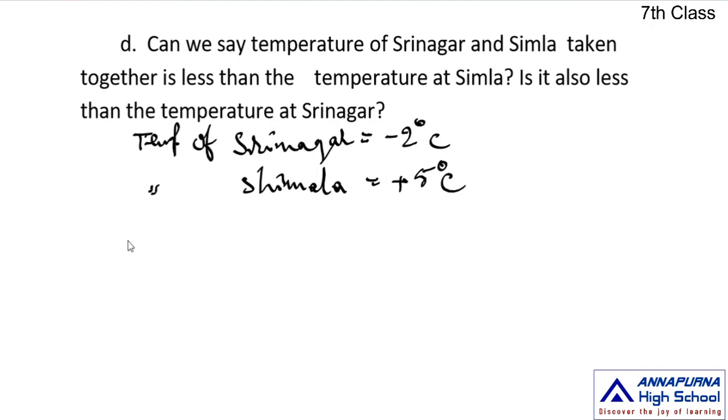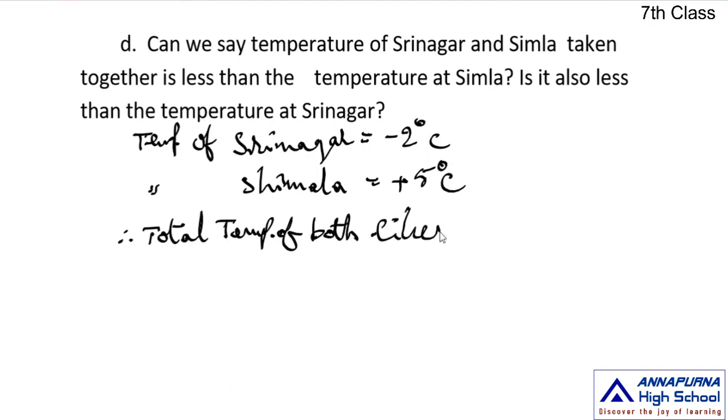That means the sum of the temperatures is equal to the total temperature of both cities, is equal to, add it, minus 2 degrees centigrade plus 5 degrees centigrade, which is equal to 3 degrees centigrade. This is the total temperature of both cities.